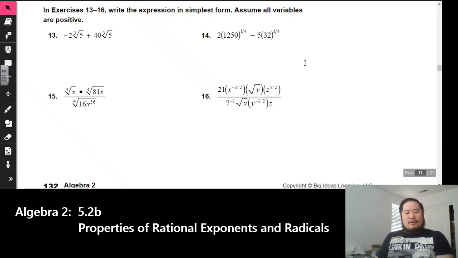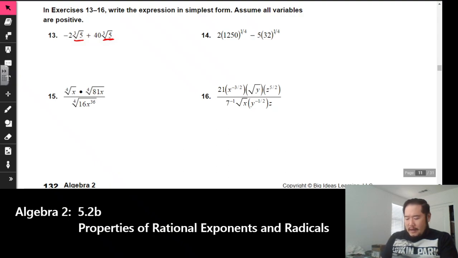So let's start with number 13. We have negative 2 cube root of 5 plus 40 cube root of 5. The important thing right here is that the indexes are the same. We also have that the radicand is the same, so it's like saying they have the same variable. So I could add these together.